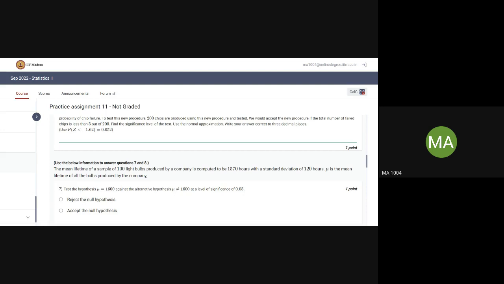Saturated fat is greater than 2.4, but we are checking for less than 2.4, right? Yes, we are checking for that, but when we are rejecting H0, it means we are accepting HA. So it's always like that. Rejecting H0 implies that you are going with the alternative hypothesis.